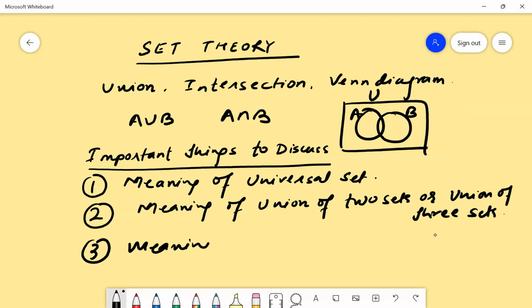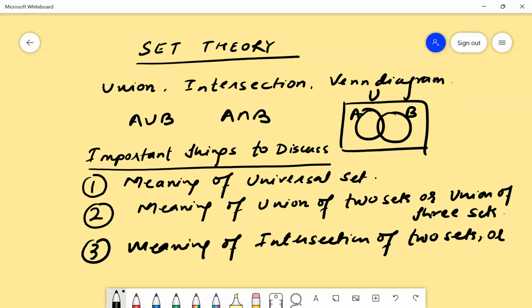Meaning of intersection of two sets or three sets.